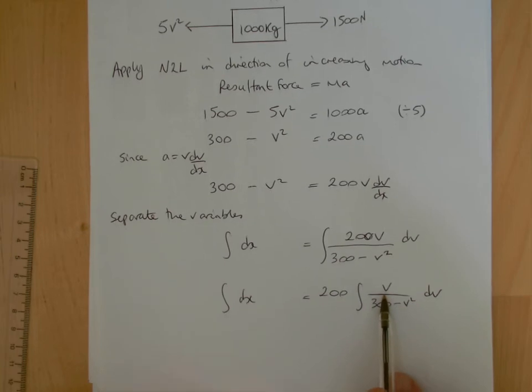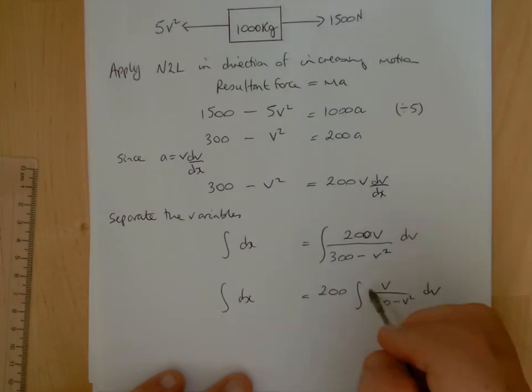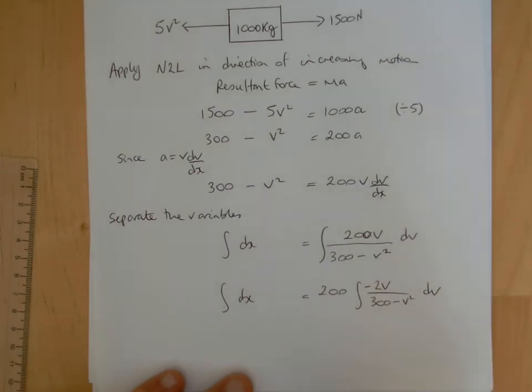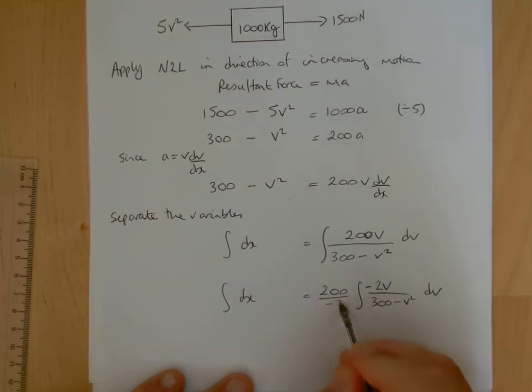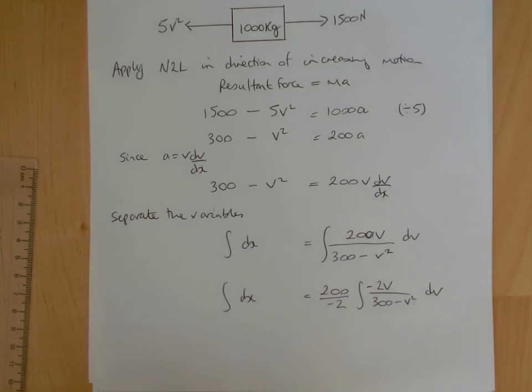So we can play around with it: if you multiply the top by minus 2, then when you differentiate the bottom you get the top. But because I multiplied the top by minus 2, I've got to pay back and divide by minus 2, which I'll do outside the integral.